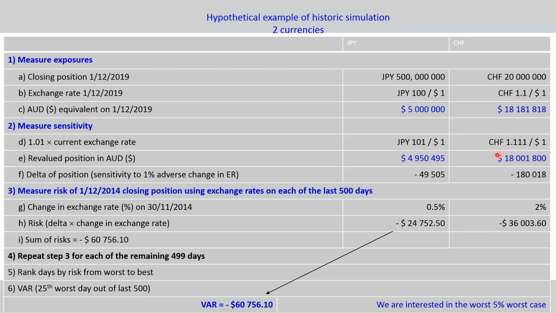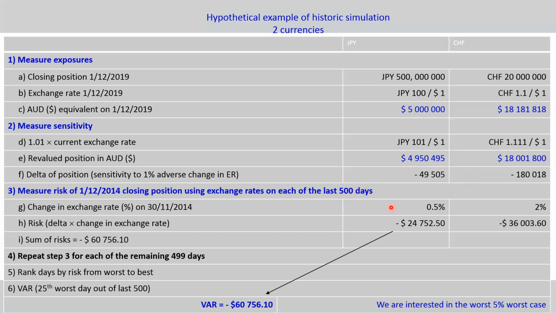Now, this difference, because of this change of 1%, which is an adverse change, is 49,505, and this is 180. So this is actually the delta of a 1% change. Now, if I know this is a 1% change, I will just go and take the list of all this Japanese yen and Swiss franc for the past 500 days.